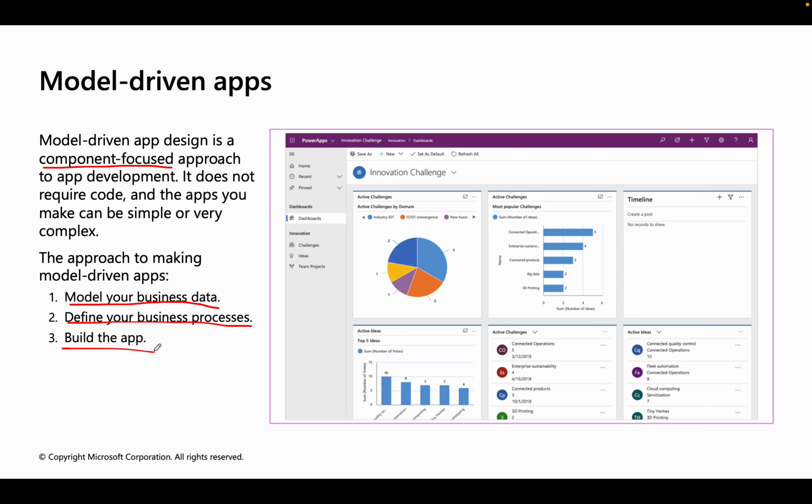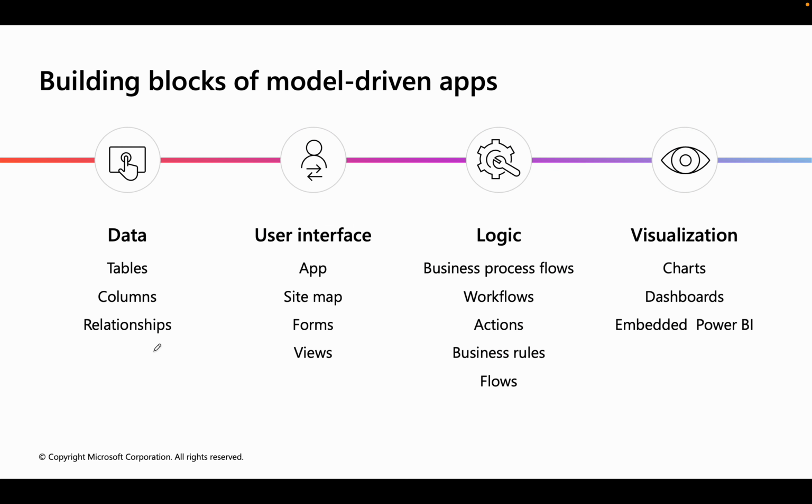As long as you have your components ready, it's easy to build your app. Let's see the building blocks of a model-driven app. All things are built on diagrams, so first you need to have diagrams.